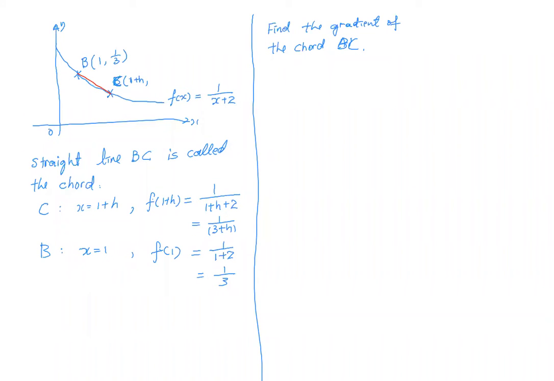Do you know how to find the gradient of a straight line? Yes, you use y2 minus y1 over x2 minus x1. So everyone, can you please start to find the gradient of the chord BC?